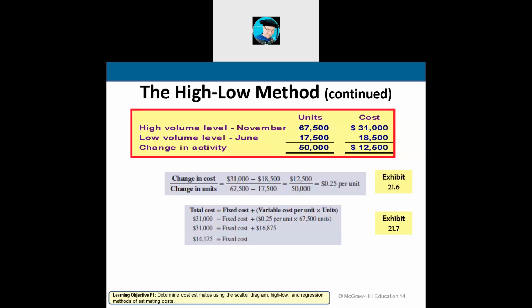Who can tell me what the accounting equation is? You all should remember this from 201, from Principles 1. Come on, I know you guys know this.